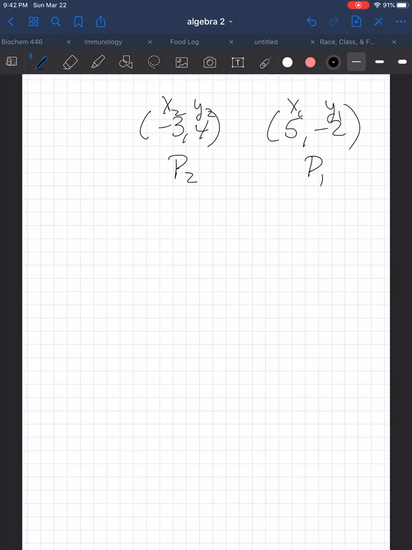And the reason they're doing this is they want us to understand that it doesn't matter which point you start on. You will still get the same slope regardless. So regardless of which point you use for point 1 and point 2, the slope will come out to be the same. So we're going to use the formula m equals y2 minus y1 over x2 minus x1.